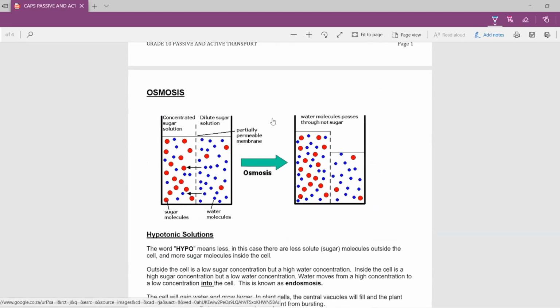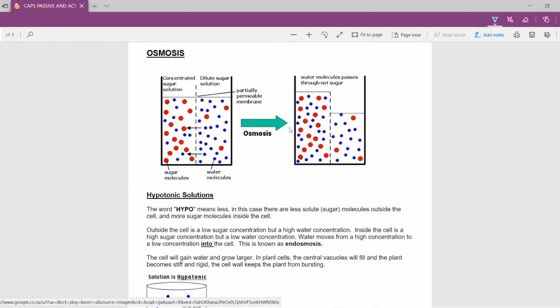Now let's look at osmosis. Here we talk about a hypotonic solution. A hypotonic solution is a solution where there are less salts, in your case, solutes, also known as more diluted.